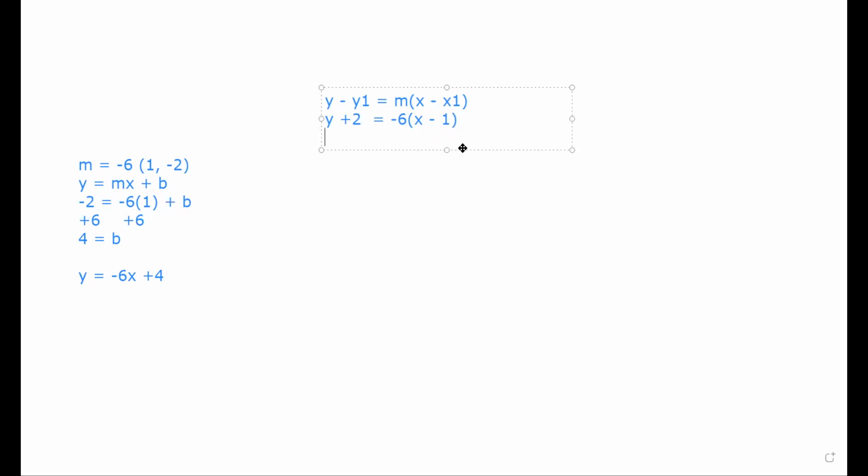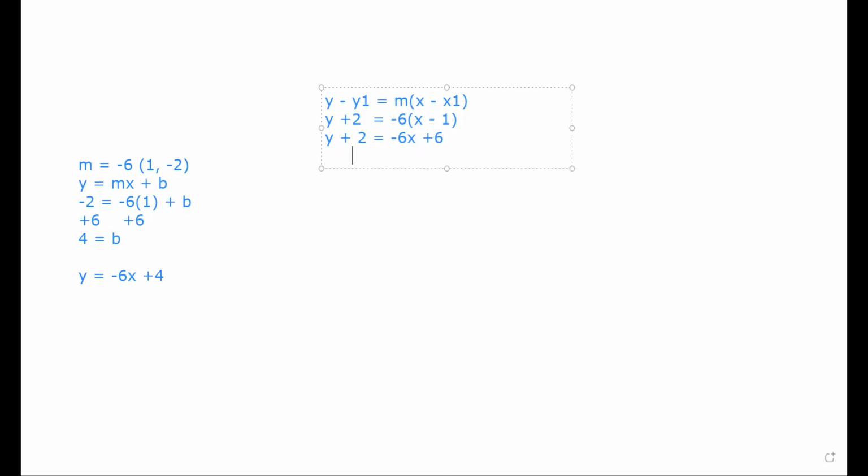So you still got an equation that's easily solvable, but it's more steps. It's a little bit more work. Now you got distributive property. You got to do that. y plus 2. On the right-hand side, -6 times x is -6x. -6 times -1 is +6.